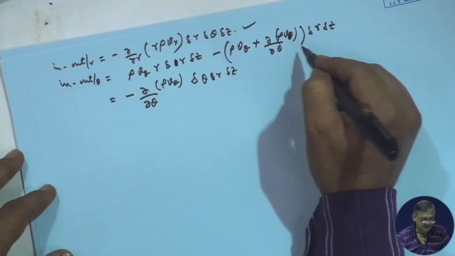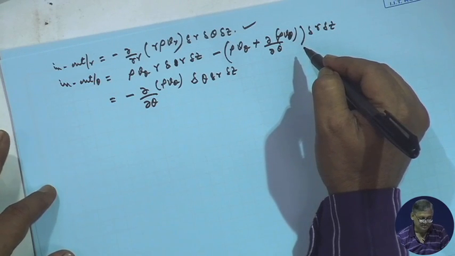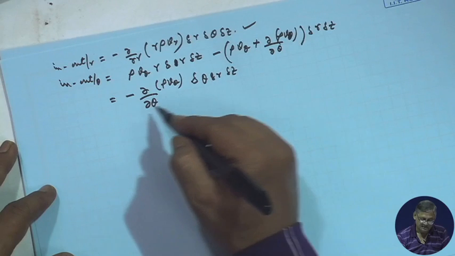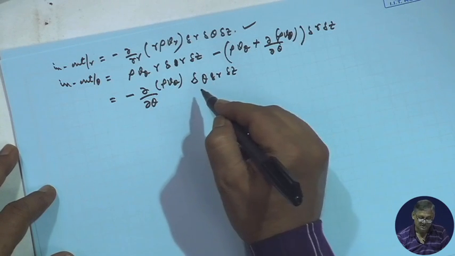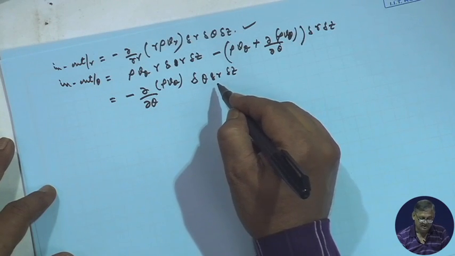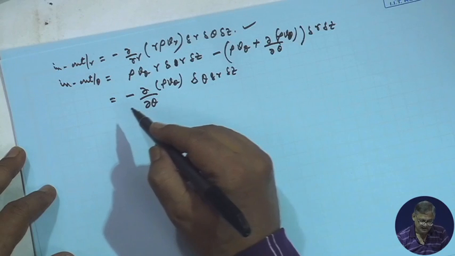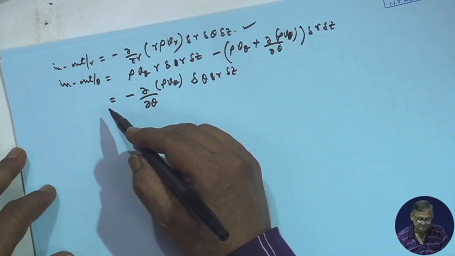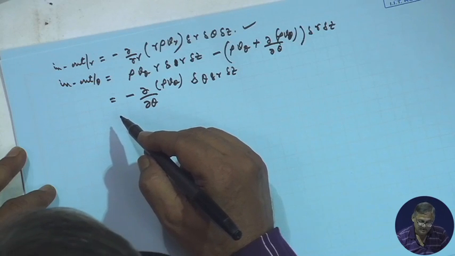So if we remove that, then we can say that this we can write del theta of rho V theta into del theta del r del z is the in minus out at the theta coordinate. Okay.